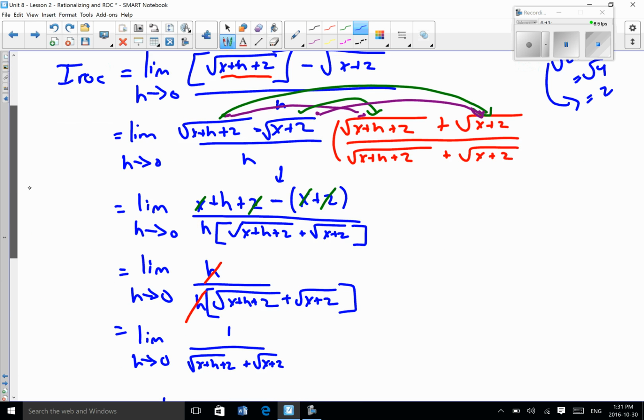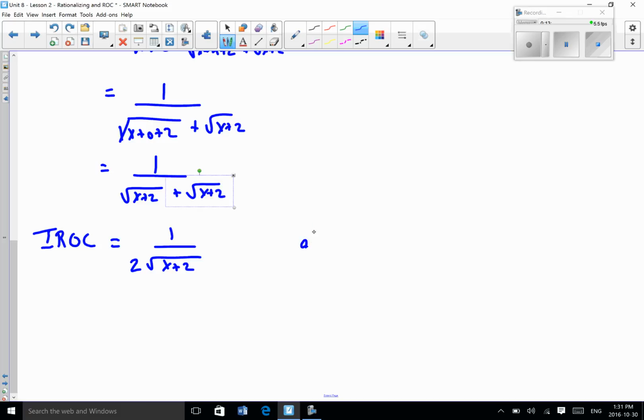It said find IROC at 3, so at x equals 3, my IROC will be 1 over 2 root 3 plus 2, which is 1 over 2 root 5. If I want to punch it into the calculator and figure out an actual value, not a big deal to do that.